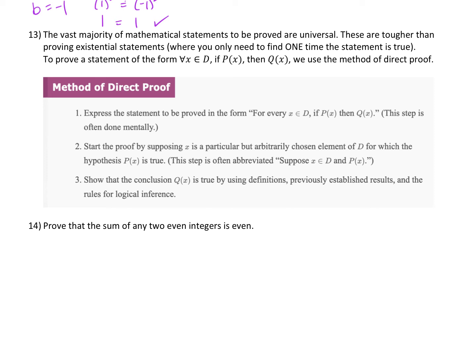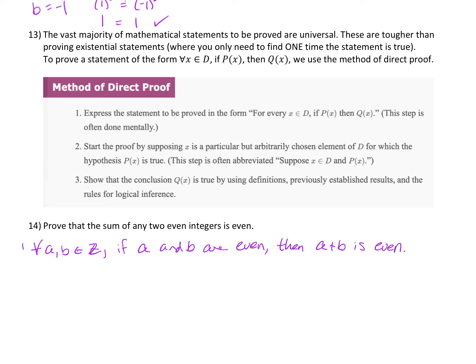I would say that for all a and b in Z, so for all integers a and b, if a and b are even, then a plus b is even. So I just wrote it out a little more formally.